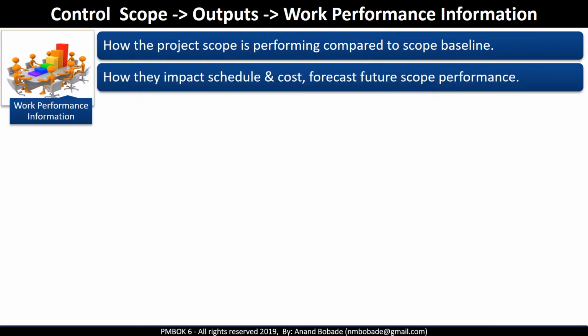Other information is about the impact of variance in scope on schedule and cost constraints. The work performance information is then used as an input to the monitor and control project work process, which is the overall monitoring and controlling process under the integration management knowledge area.